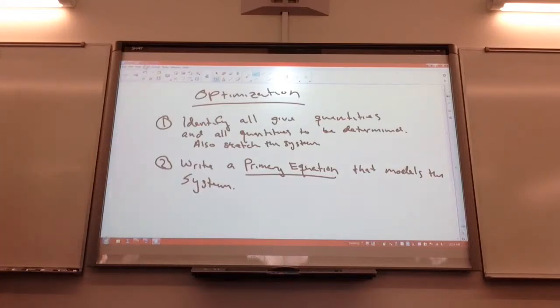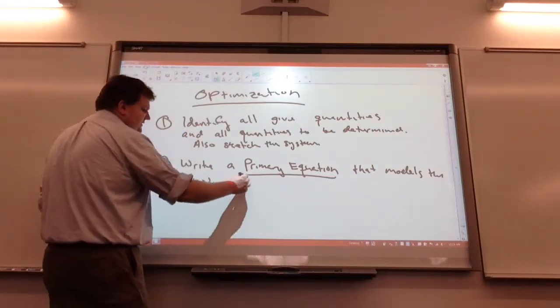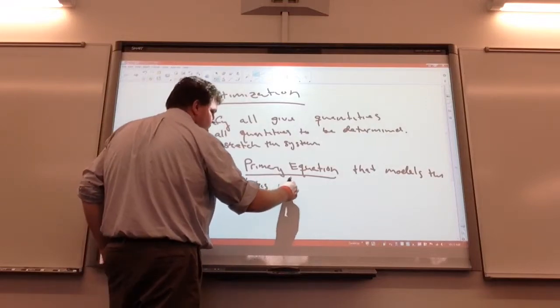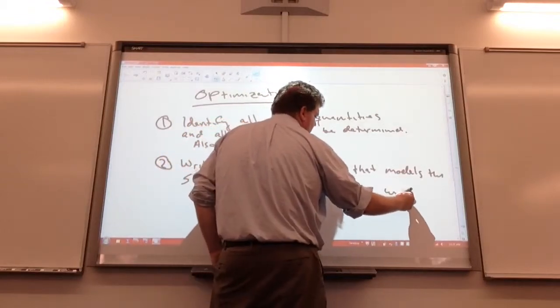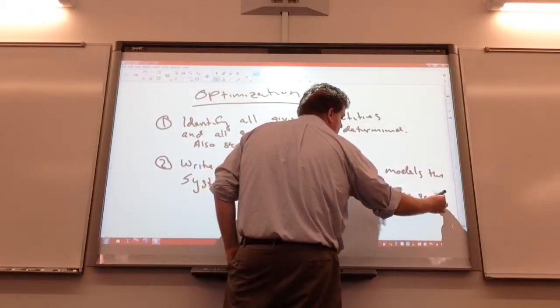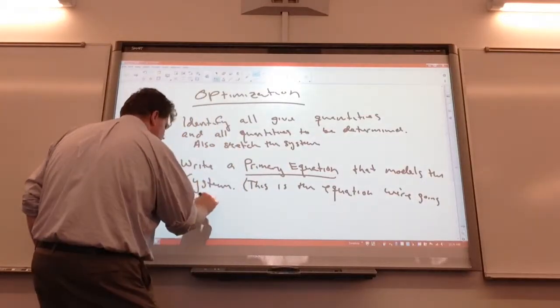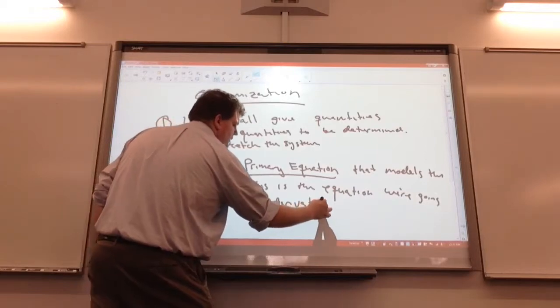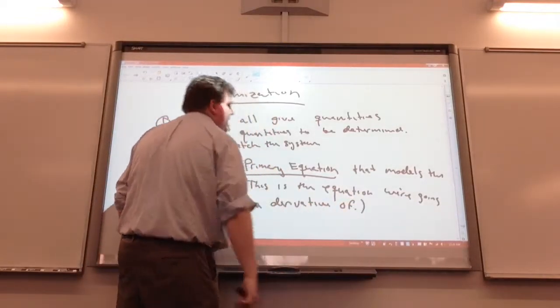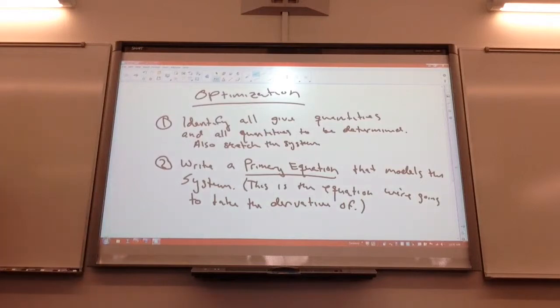So you can make a note here that this is the equation we're going to take the derivative of. The nice thing is that when you identify that primary equation, that's the one we know we're going to take the derivative of, and that's what we're going to find the maximum or minimum of.